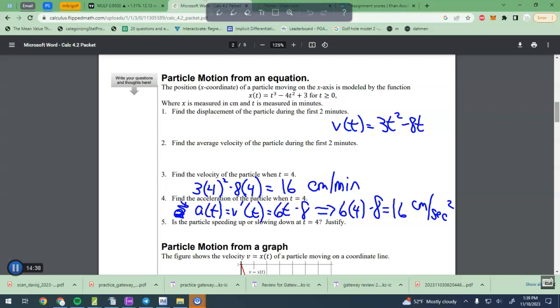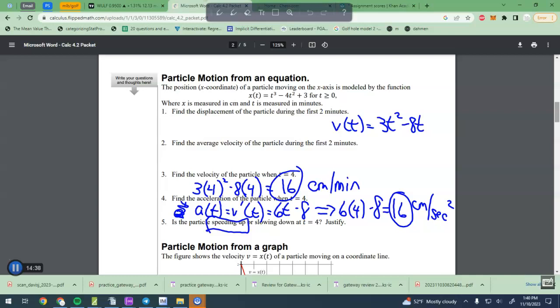Okay, so, why is it speeding up? Just velocity and acceleration. Because these two have the same sign, they're both positive, so it's speeding up.